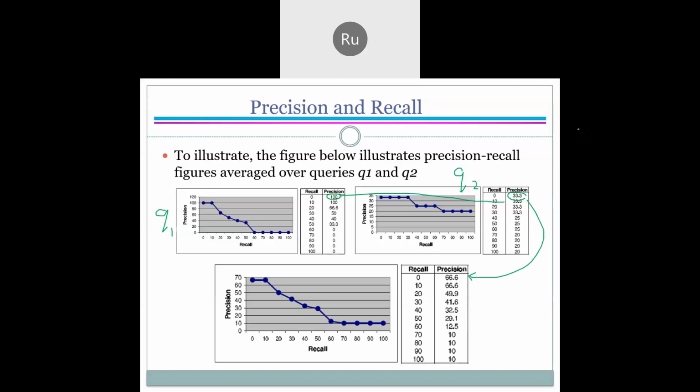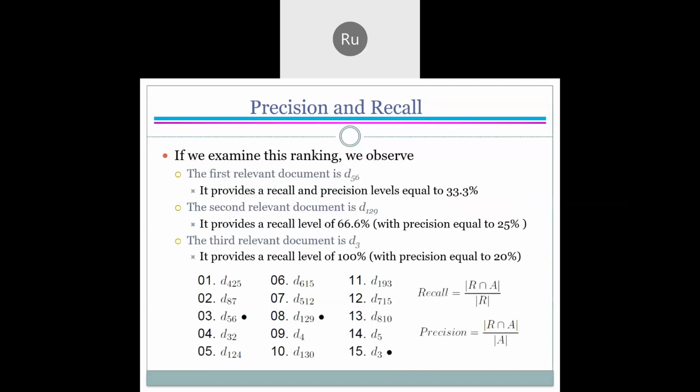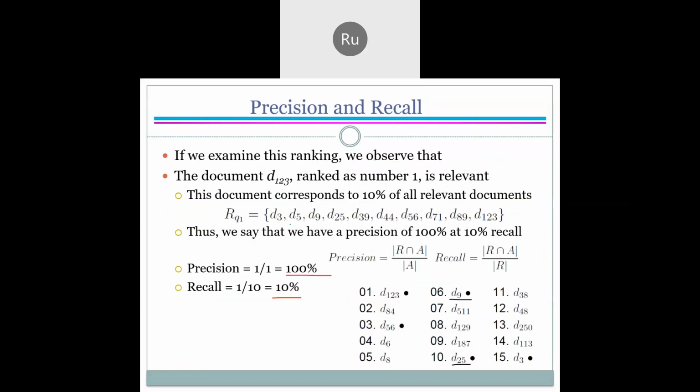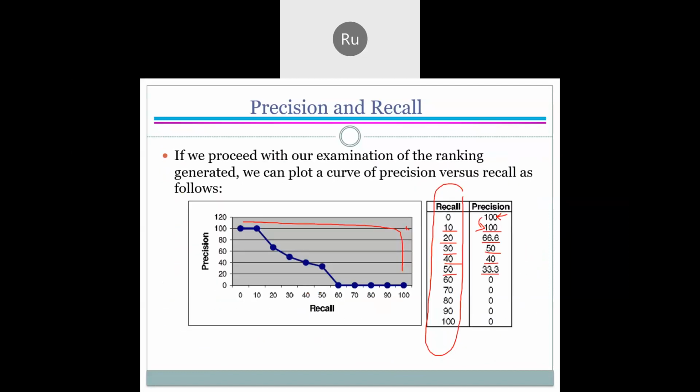And each query will have a different set of relevant documents. So in this example, this is the first example for query number 1. We have 10 documents, and these are the recall and precision. Once we plot them here, this is only for one query.